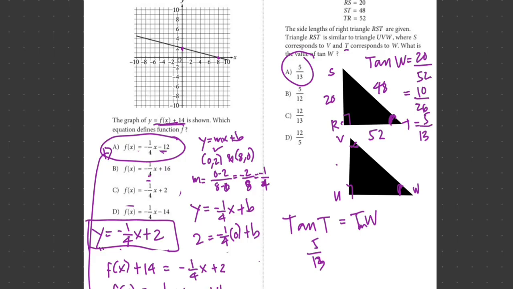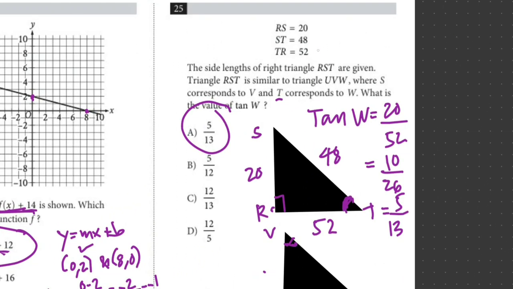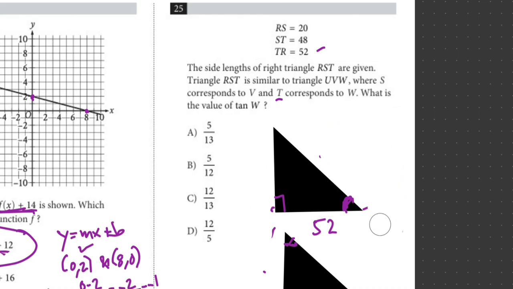I wonder why it's 5 over 12 when tangent is opposite over adjacent. So the book is following opposite over hypotenuse. So I don't know what the notation is. Oh, hold on. TR is 52, so it's the longest side, right? So it should be the hypotenuse.